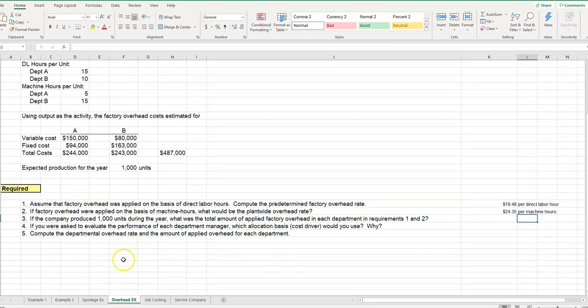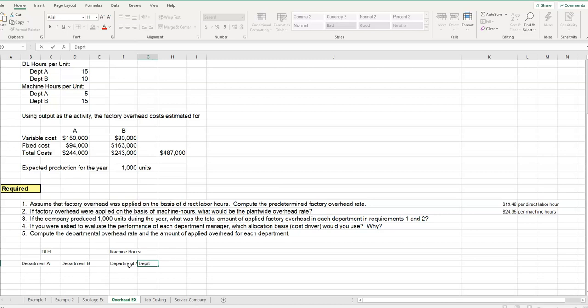So using machine hours or direct labor hours, we have Department A and Department B. And using machine hours, we would have Department A and Department B.